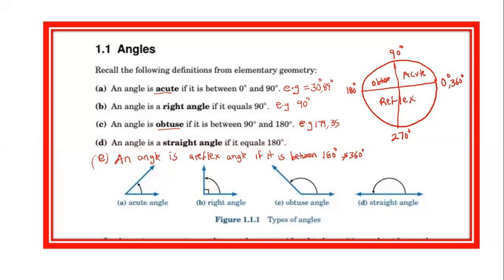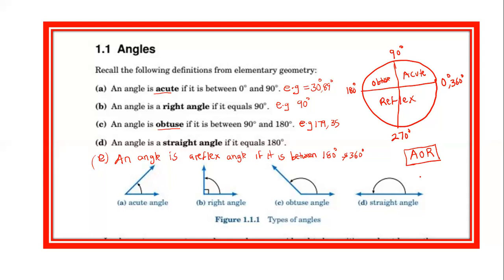Please summarize it like that so you have them mastered in your head. Some people use a small memory aid, AOR: acute, obtuse, and reflex angles.